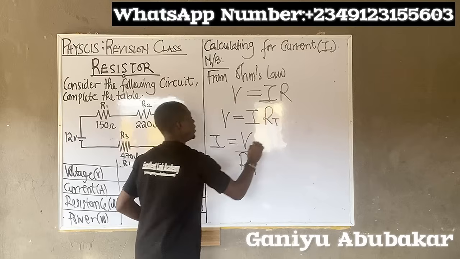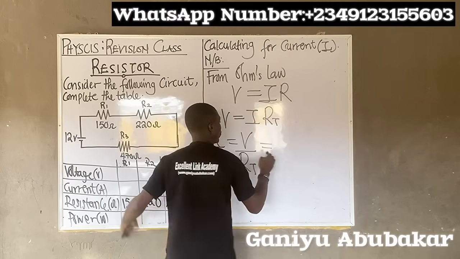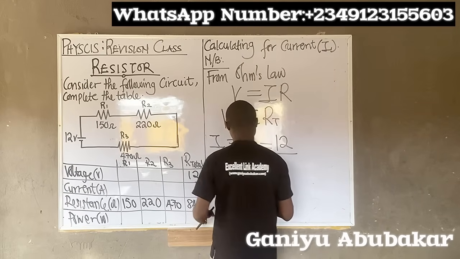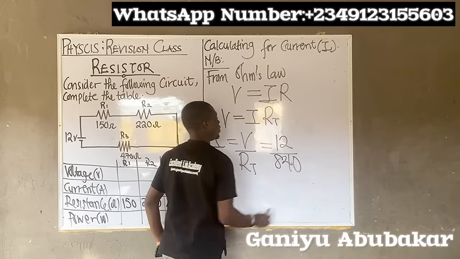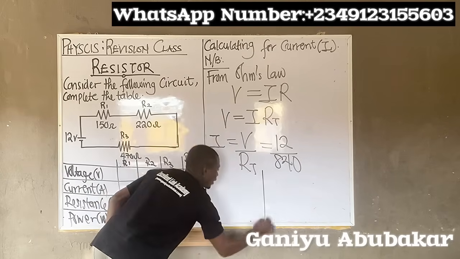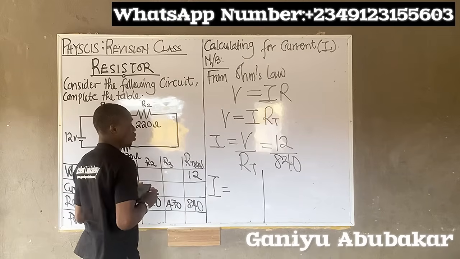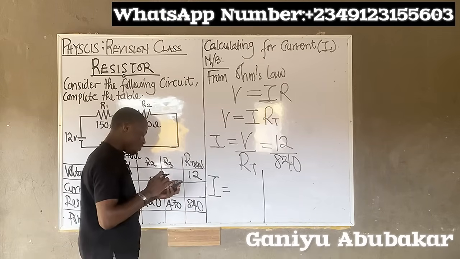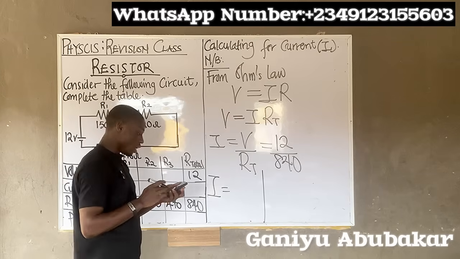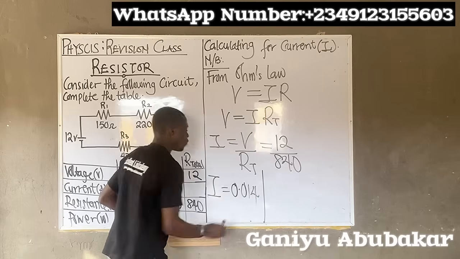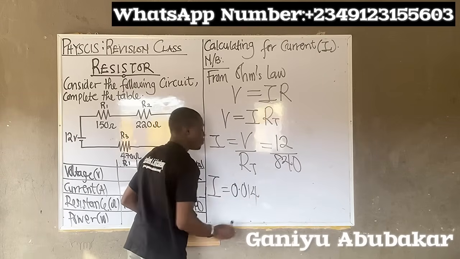Let's get I. What's V? V is 12. 12 over what's R total? That's 840. Divide this. Note that the current flowing through this series resistor is equal to 12 divided by 840. I have 0.014. Of course, current is in ampere.